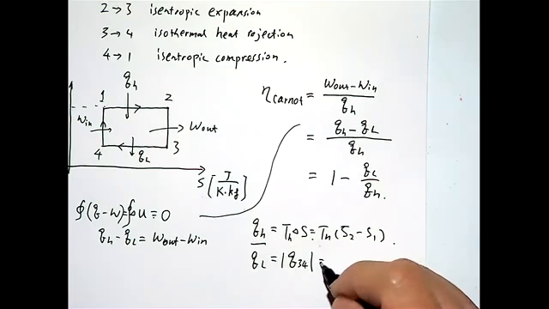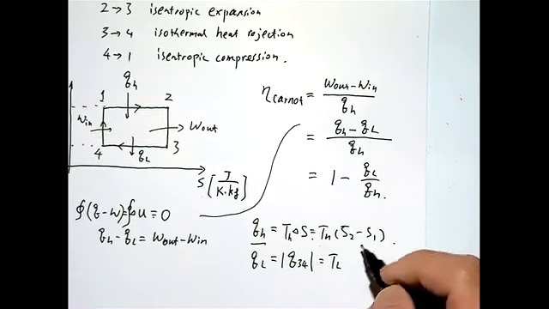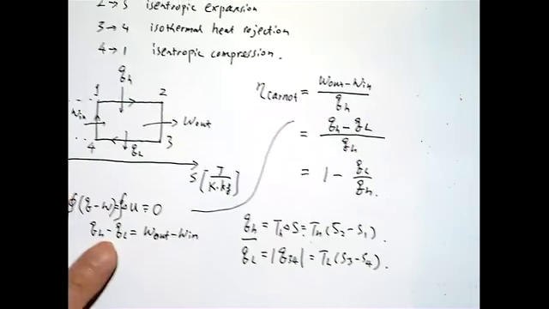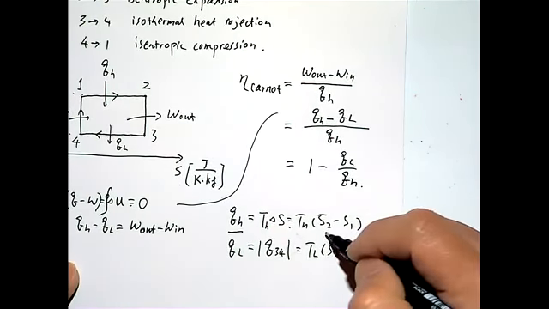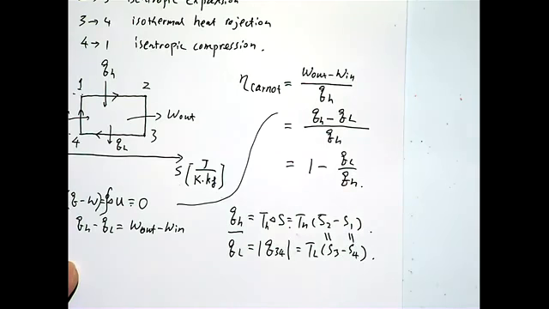Then we can write TL times S3 minus S4. We know it's an isentropic process, so S2 equals S3 and S1 equals S4.